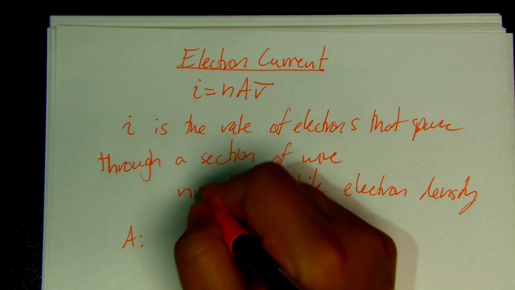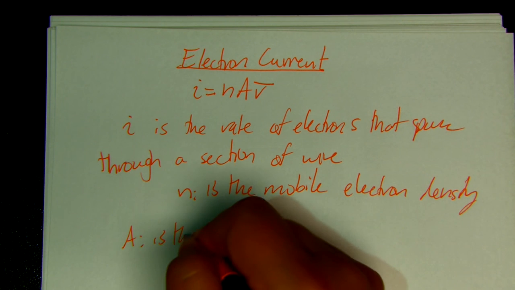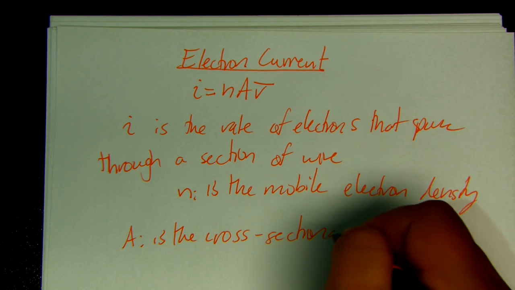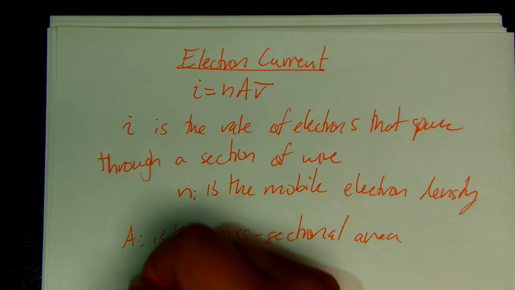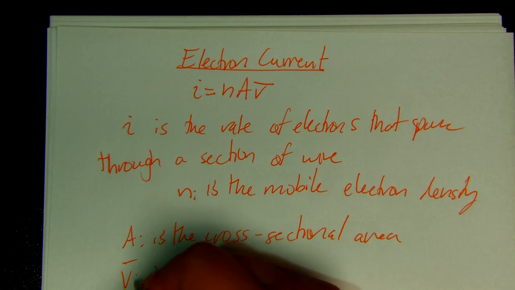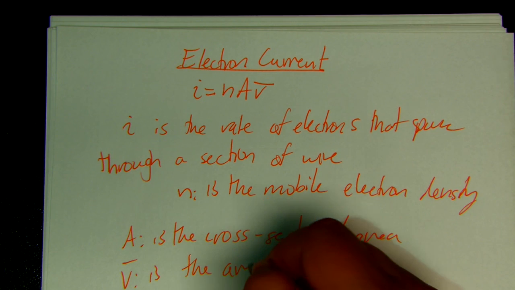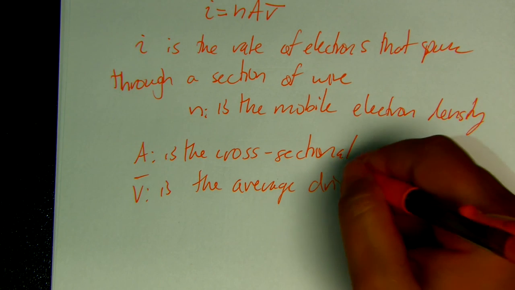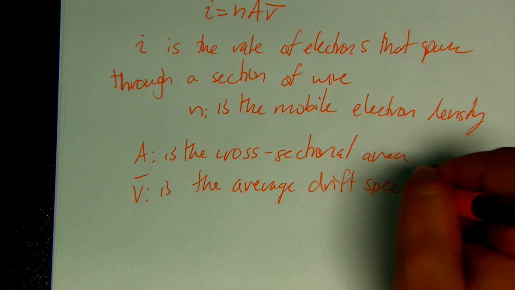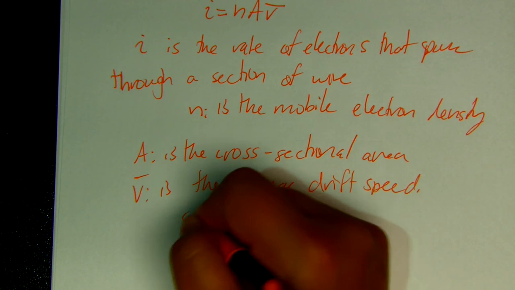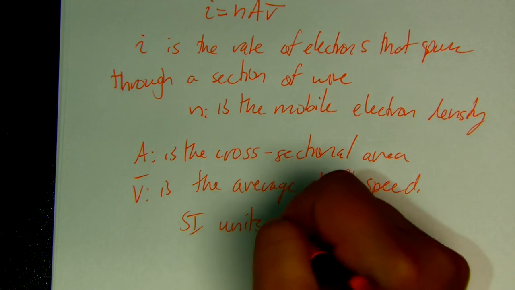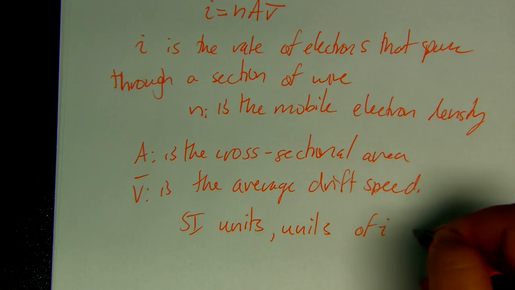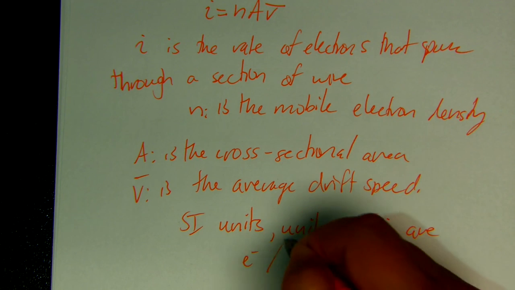A is the cross-sectional area. v bar is the average drift speed. And in SI units, units of I are electrons per second.